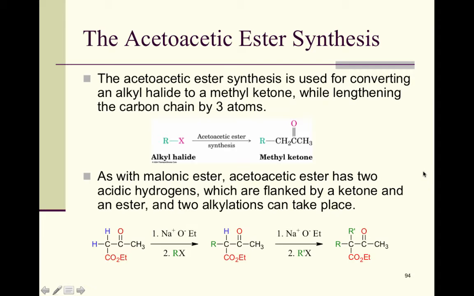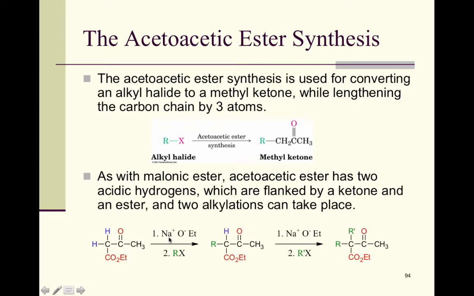As with malonic ester, acetoacetic ester has 2 acidic hydrogens. This starting material right here is our acetoacetic ester. Here are our 2 acidic hydrogens. I have them in blue. These acidic hydrogens are flanked by 2 carbonyl groups, which makes them highly acidic.